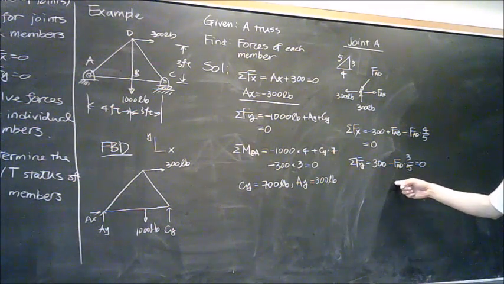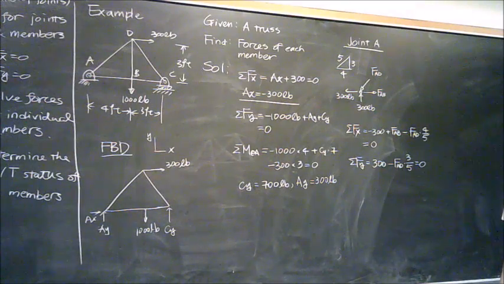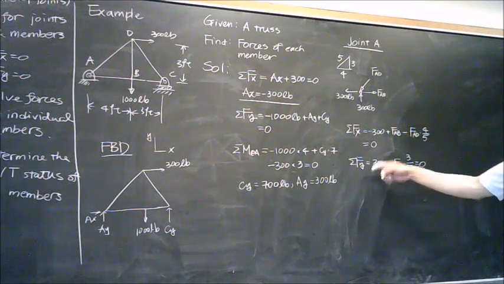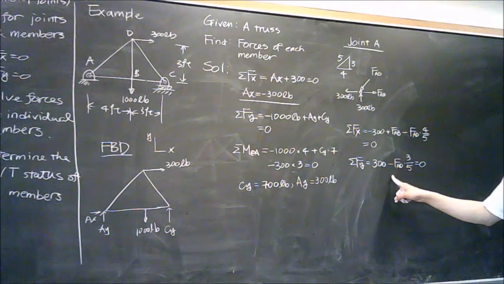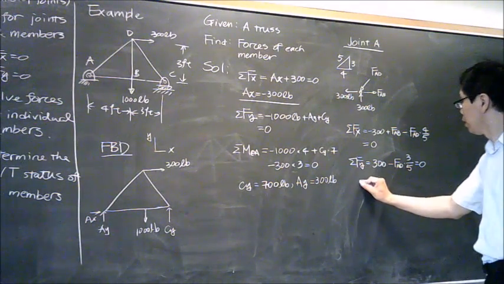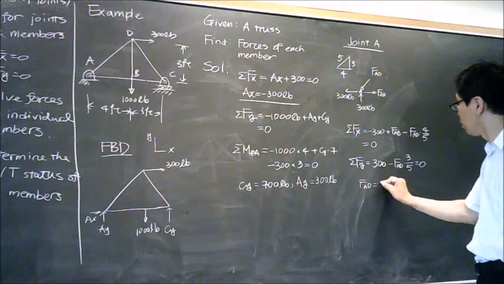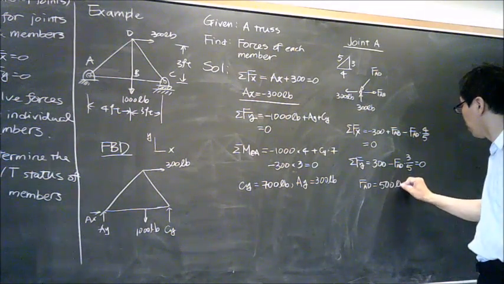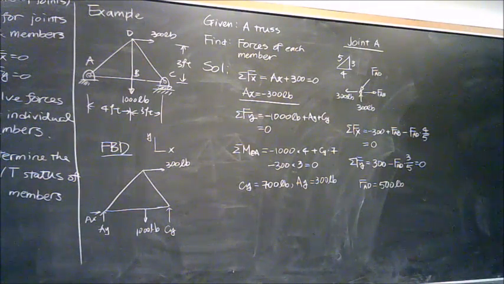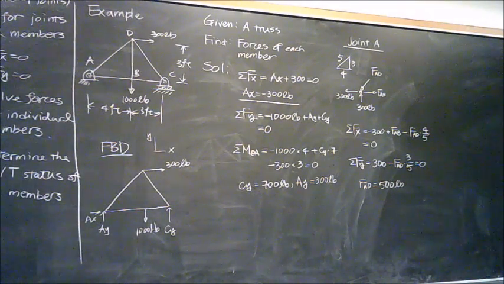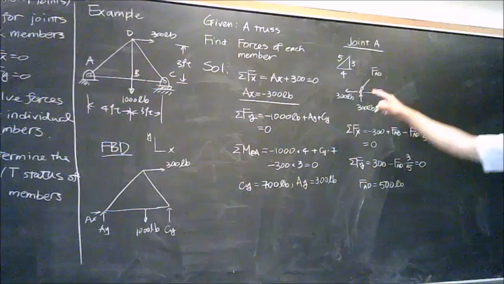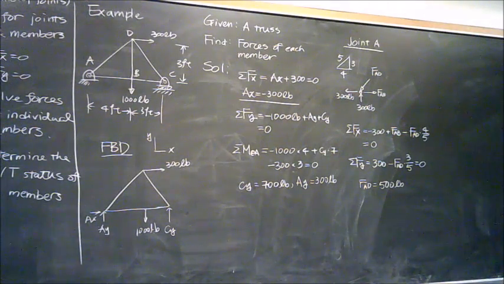Any question for this equation? For those two equations, how do I get them? Okay, so based on this, can we figure out how much force we actually have for FAD? It equals 500 pounds. Do I have any sign I need to correct in front of FAD? No, which means my assumption for FAD is a correct one.